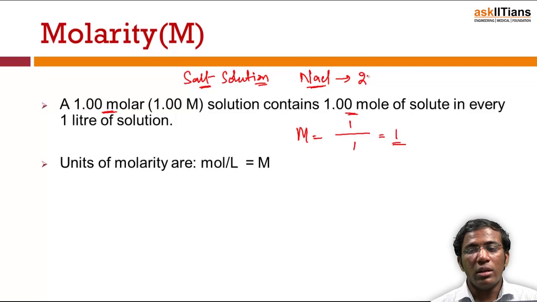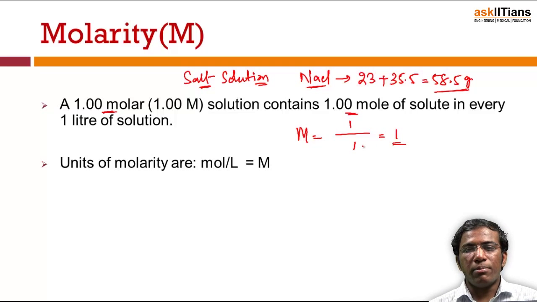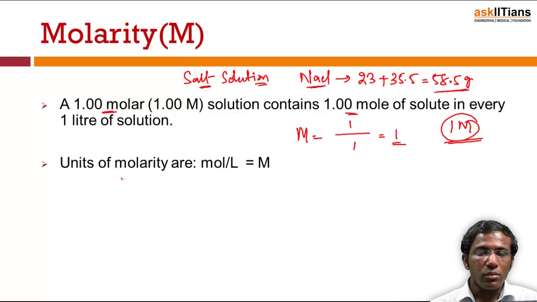Sodium is 23, chlorine is 35.5, so you will get 58.5 grams. If you take 58.5 grams of salt and add this to 1 liter of water, you can prepare the 1 molar salt solution. And the molarity is expressed in moles per liter, that is capital M.